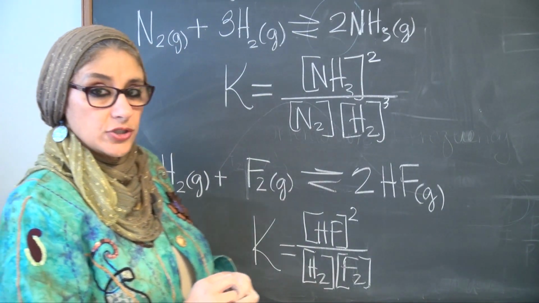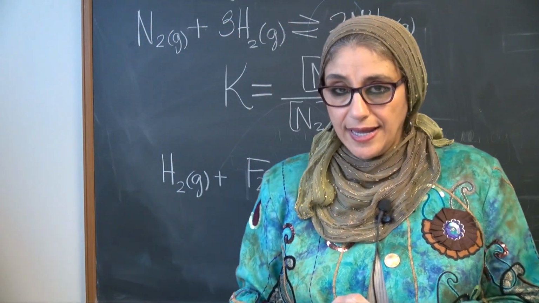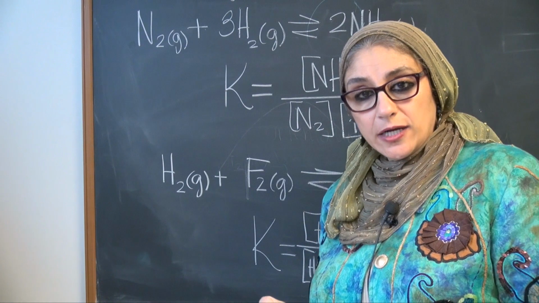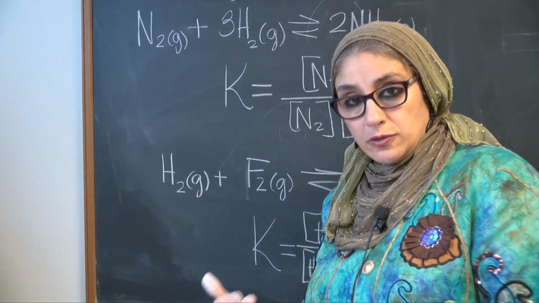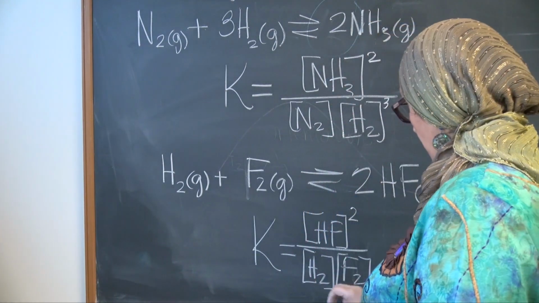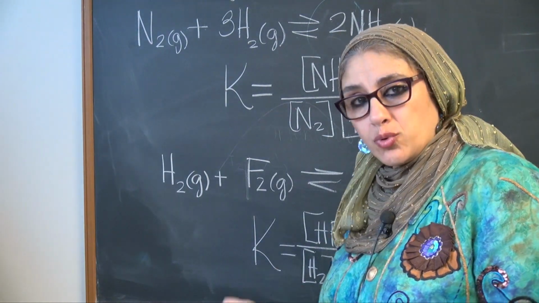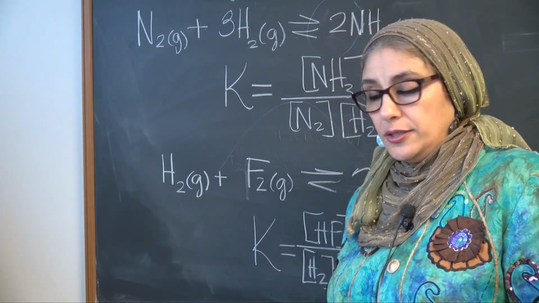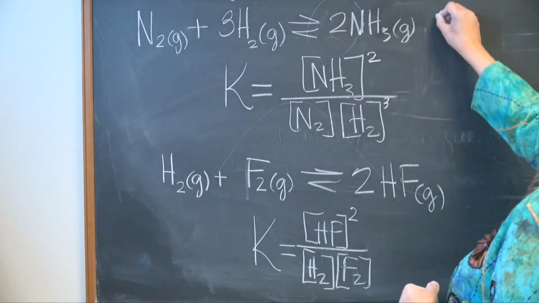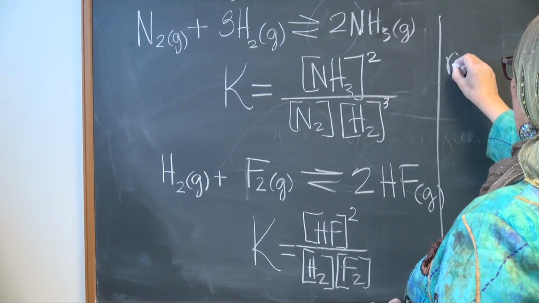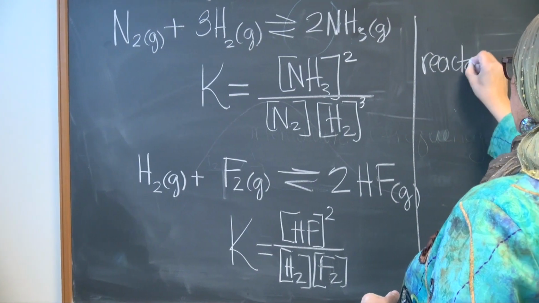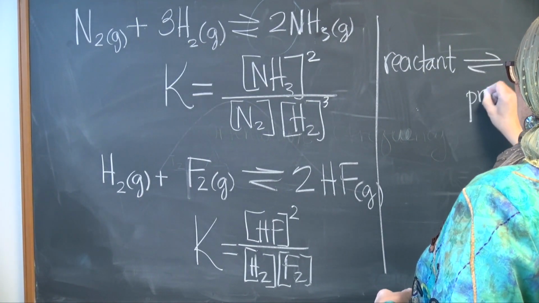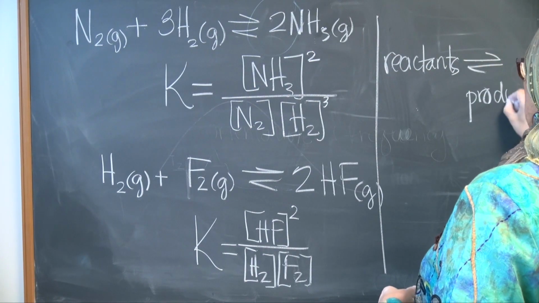I said the concentration of products over the concentration of reactants. And I've also talked about two different reactions going on, the forward reaction and the back reaction, right? So which reactants and products do we mean for the equilibrium constant expression? Well, it is reactants at equilibrium with products.